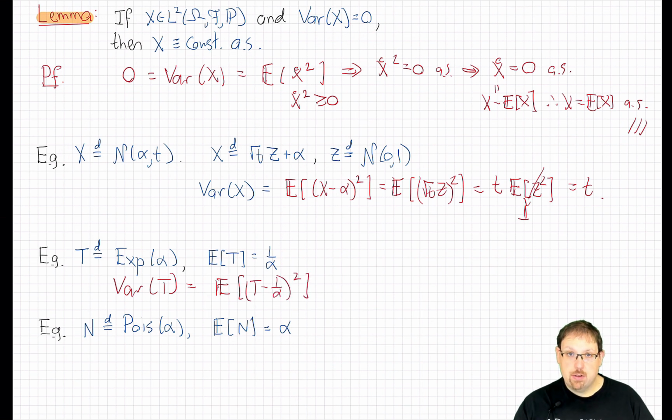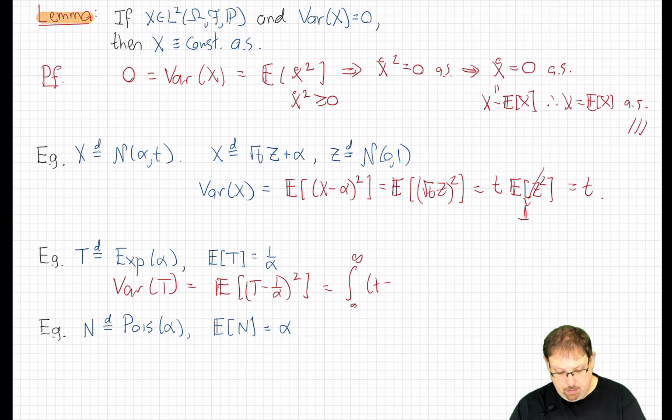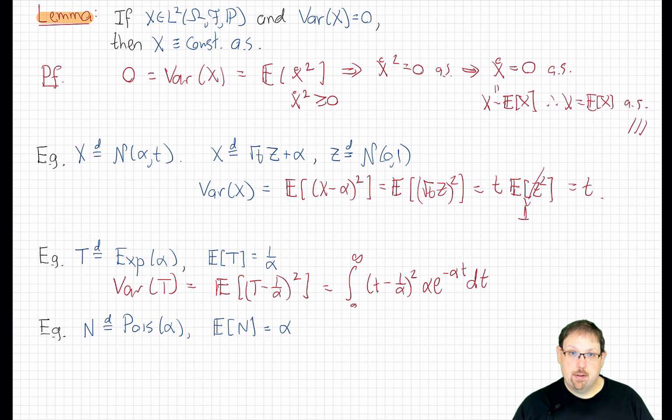And now we'll just use the change of variables theorem directly to write this as the integral over the positive real line of (t minus 1 over alpha) squared times the density, alpha e to the minus alpha t, dt. And I'll spare you the Math 20B calculations, but at the end of the integration by parts, you'll get 1 over alpha squared. So the variance of an exponential random variable is the square of its mean.